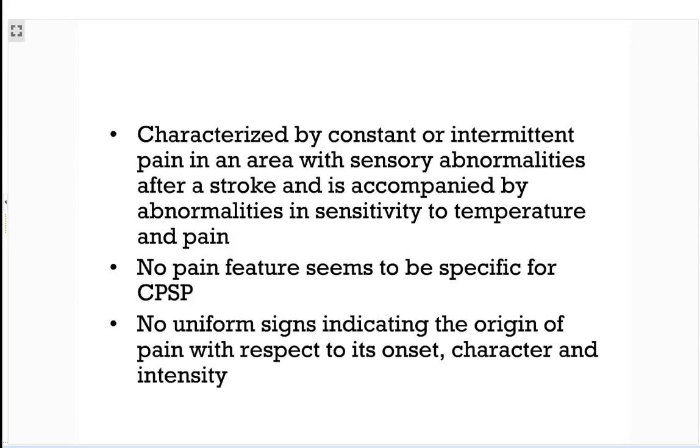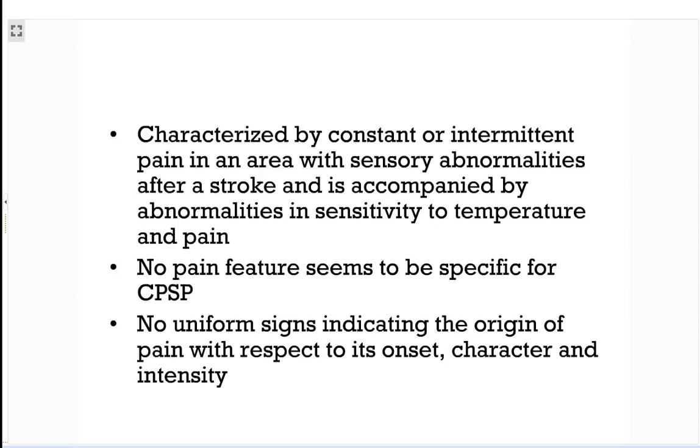It's characterised by either constant or intermittent pain, in an area where there are sensory abnormalities after a stroke. As we've discussed, there are abnormalities in sensitivity to temperature, and on specific pain threshold tests as well. But there's no specific pain feature that's listed for central post-stroke pain. There's a range of descriptions that are used.